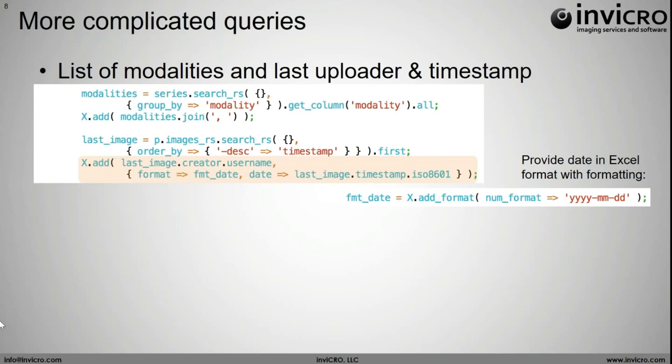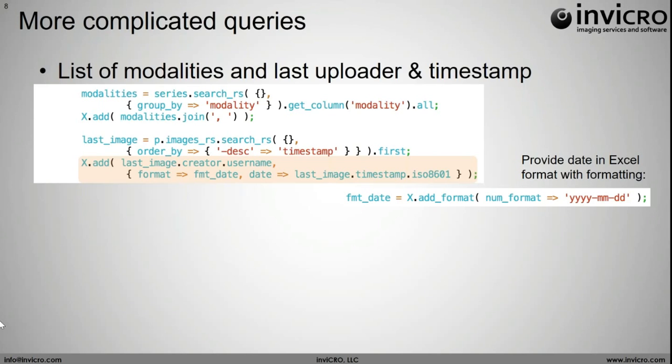object, I use its creator property to find out who was the person that has uploaded it, as well as the timestamp. And if you put your timestamps in ISO 8601 format into Excel, then it understands them and you can format them in a nice way.